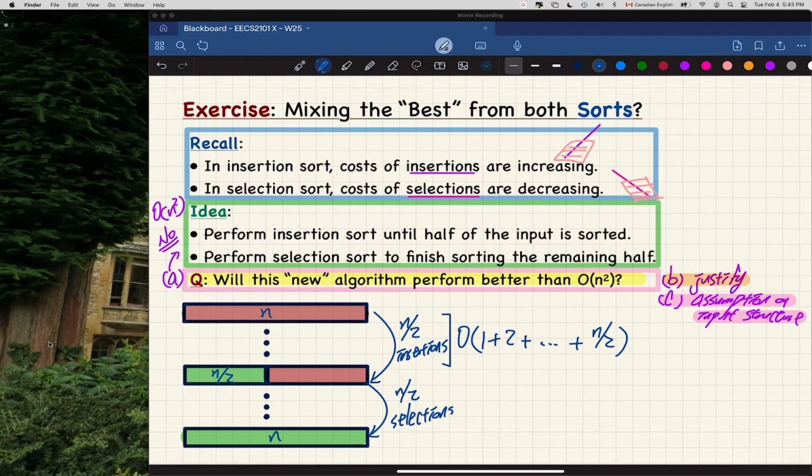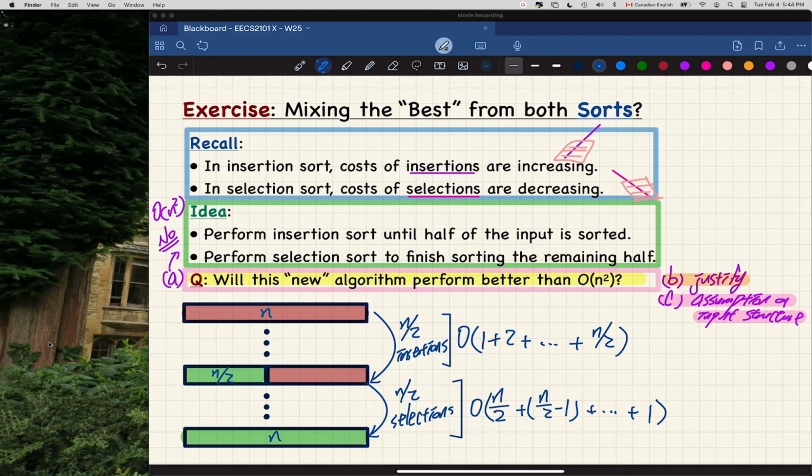On the other hand, for selection sort, for the other half, the first selection is going to be the most expensive one. We're going to select basically the minimum from the half of the array that's still unsorted. So the first selection will be n divided by 2 plus n divided by 2 minus 1 plus all the way to 1.